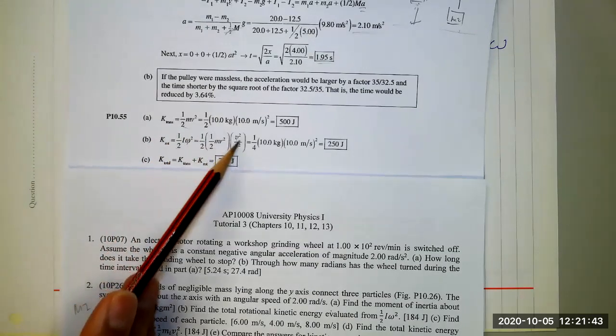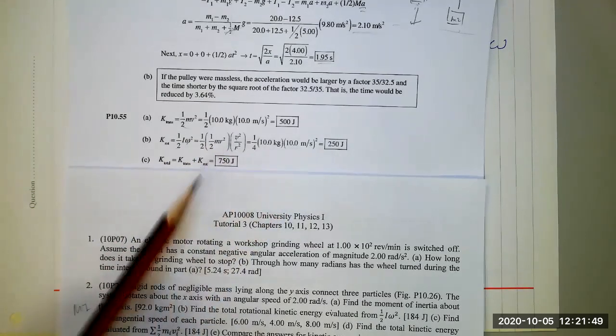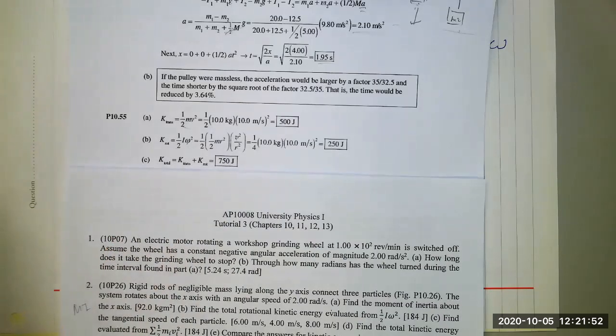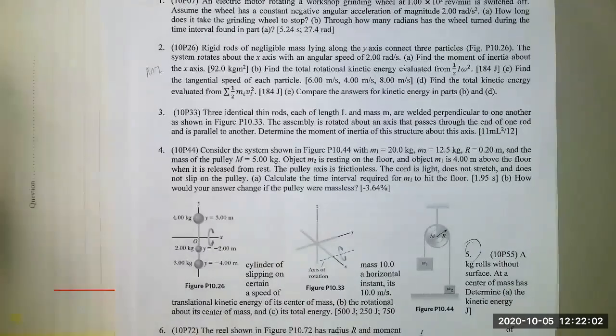Omega is equal to V over R for a rolling cylinder. So it is 250, and the total kinetic energy is just 750 joules, which is the sum of the two kinds of kinetic energies. Okay. I would finish the teaching for Unit 10 here.